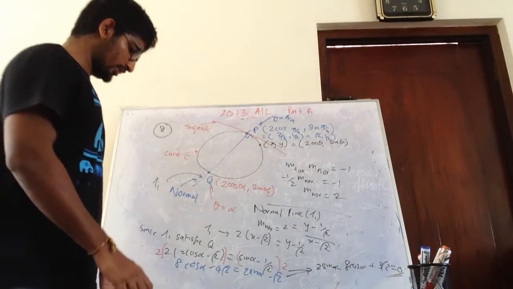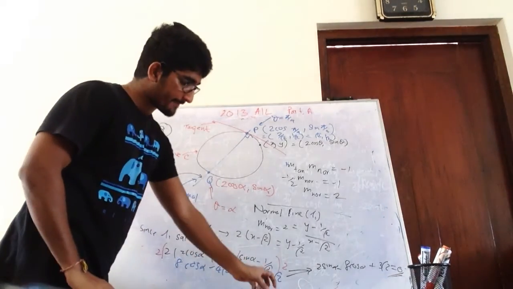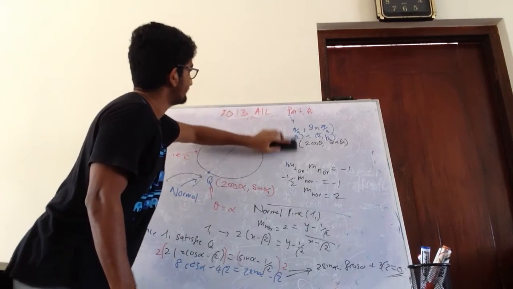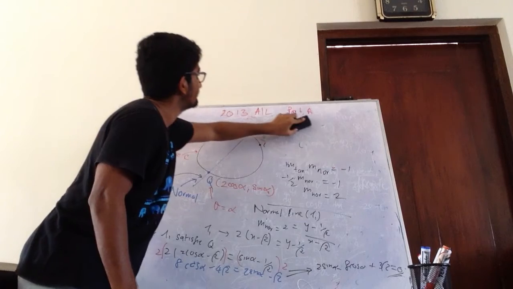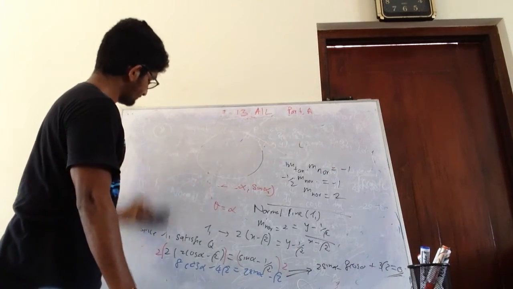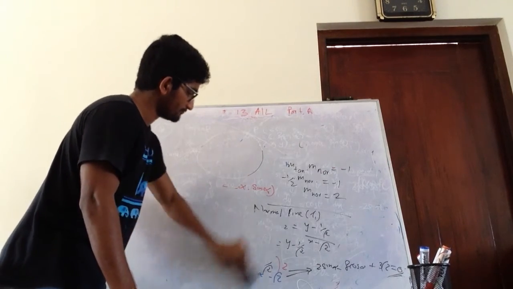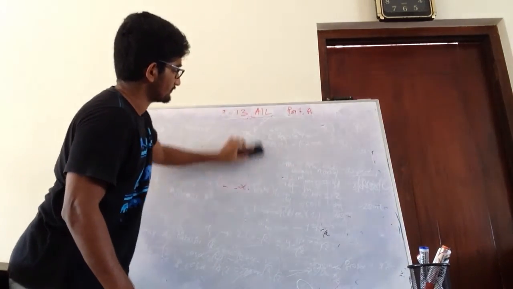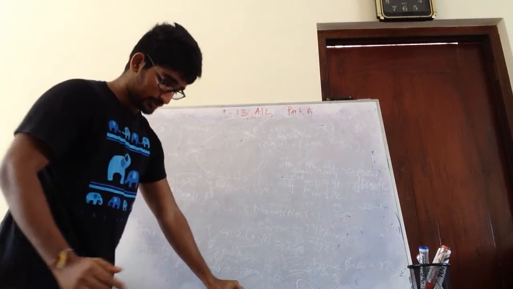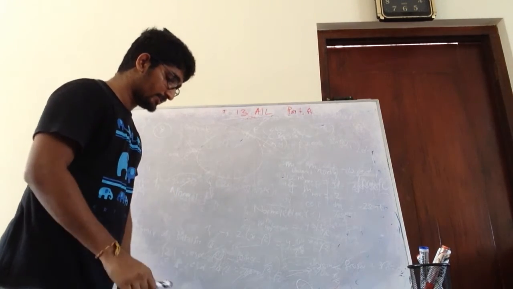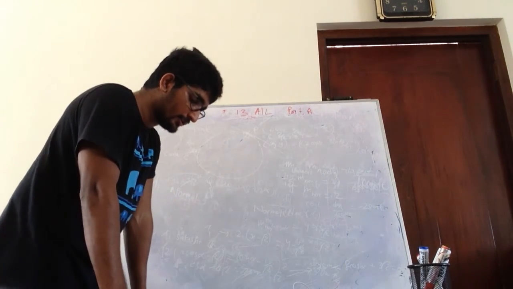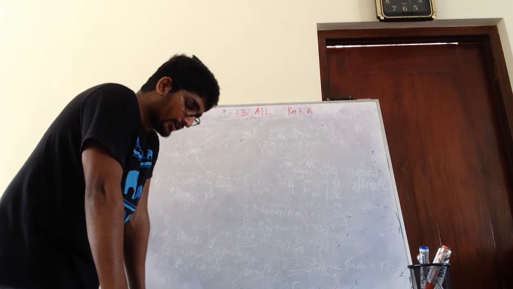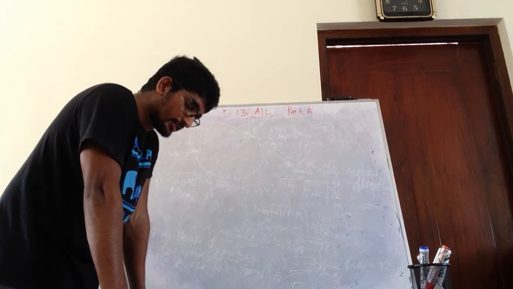Right, so question number 9. In question number 9, it says a circle of radius 1 and the center lying on the line x plus y equals 0 intersects the circle.